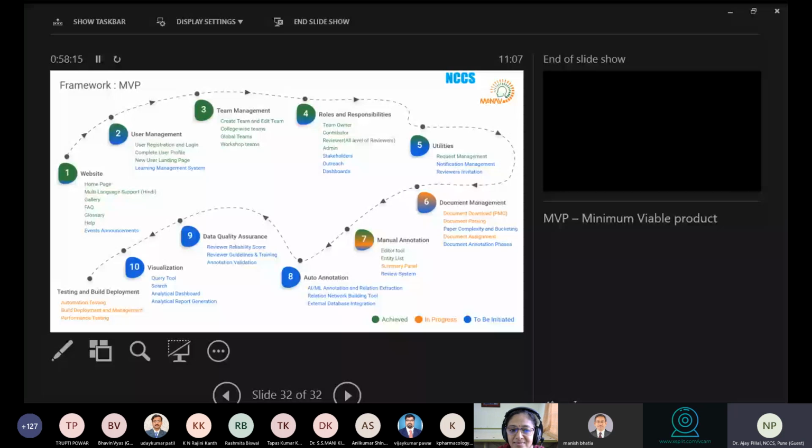We are focusing on the applications of artificial intelligence. I hope you have gotten a fairly good understanding of which direction we are moving. Maybe you have not digested all the slides which I presented, but the take-home message is that it's a collaboration between the machine and the mind.